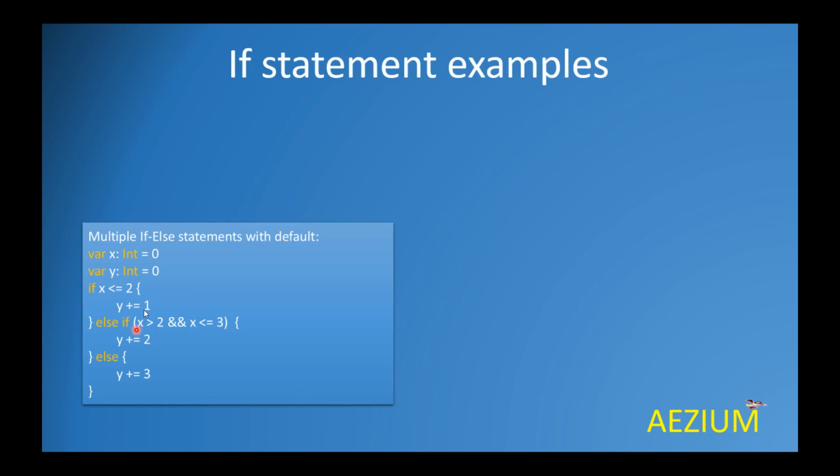The second if statement has a different condition, which says x is greater than 2 and less than or equal to 3. If neither this condition nor that condition is true, the default case is executed, which corresponds to our else clause.